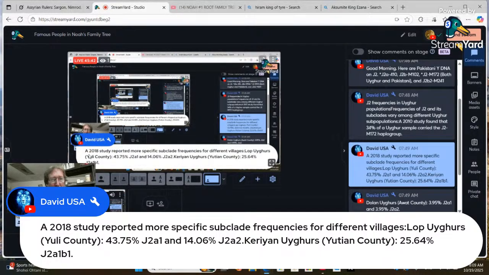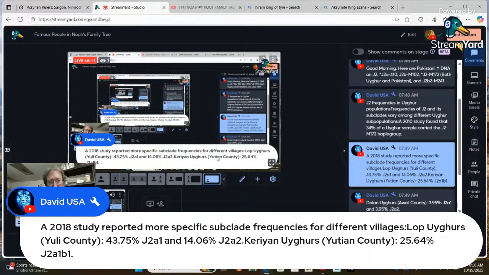A 2018 study reported more specific subclade frequencies for different villages. Lop Uyghurs, Yuli County. See that? Now that's a big percentage there: 43.75% J2A1 and 14% J2A2.